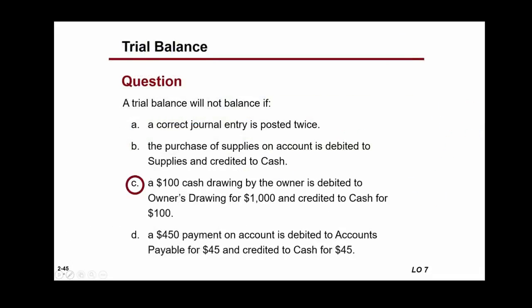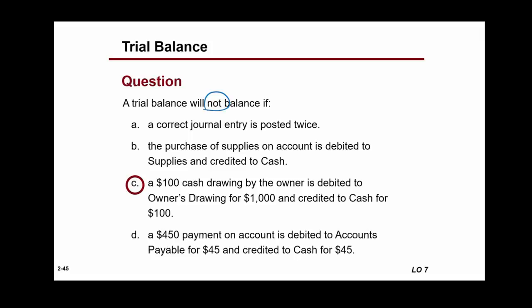Any questions? Okay, so here let's do that one by one. If a correct journal entry is posted twice, will the trial balance still have the same total credits and total debits?